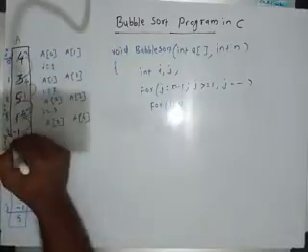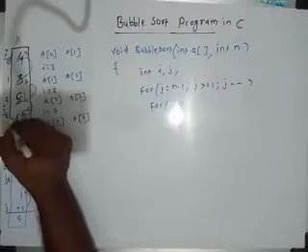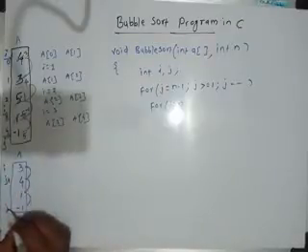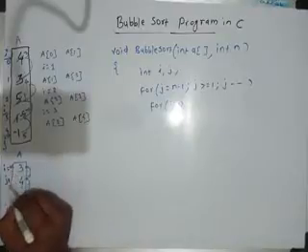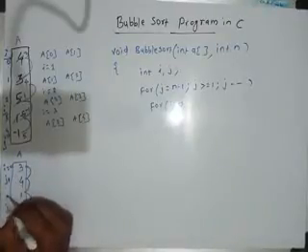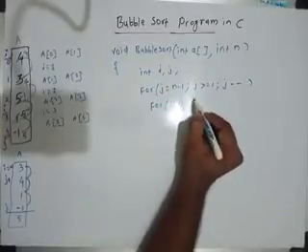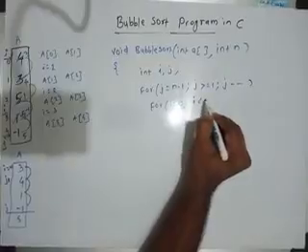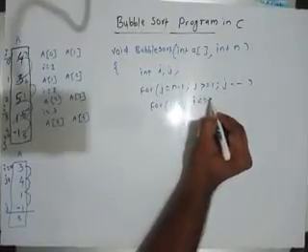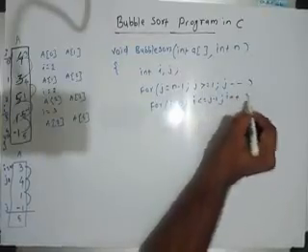When j is 4, i starts at 0 and goes till j minus 1. When j is 3, i will again start at 0 and go till here. So i starts at 0, and we always take i while i is less than or equal to j minus 1, with i plus plus, right?